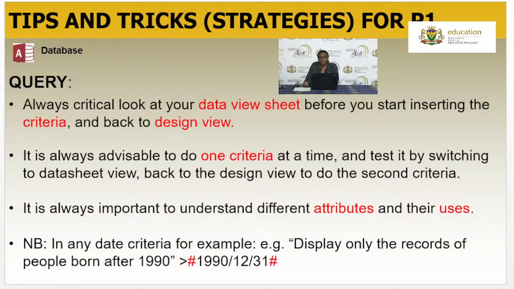We are just assuming that is a question that might come. And then you can do your greater than sign, 1990/12/31. Don't worry about these parentheses, because Access will put those parentheses for you. But if it didn't put them for you, then you have to put them on your own.